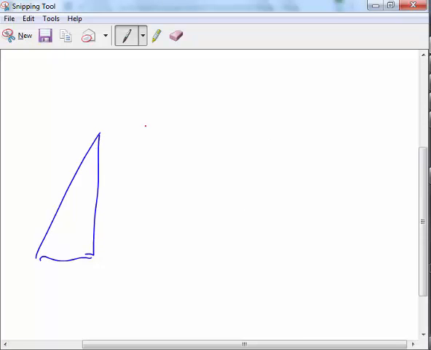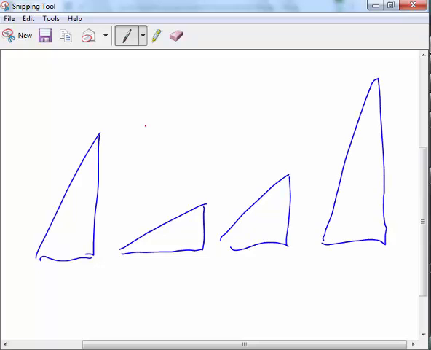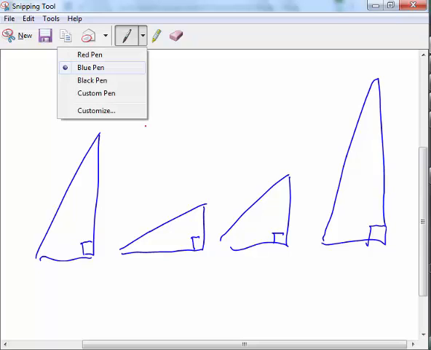There's the first one. Here's the second one. Here's the third one. And here's the fourth one. All the right angles are in the same spot, and all our angle thetas are also the same angle.